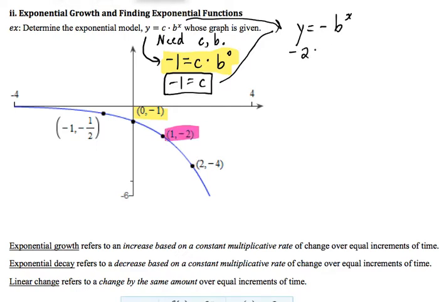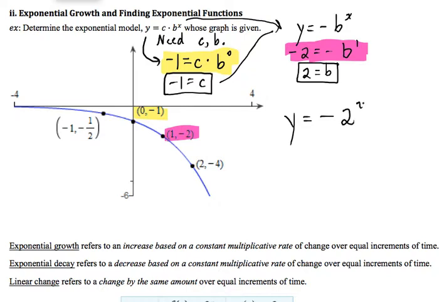So -2 equals the negative of b to the first. B to the first is just b. Divide both sides by -1, and we get 2 equals b. And that's all we need in order to have our model. So then our model is y equals c, negative, b, which is 2 to the x.